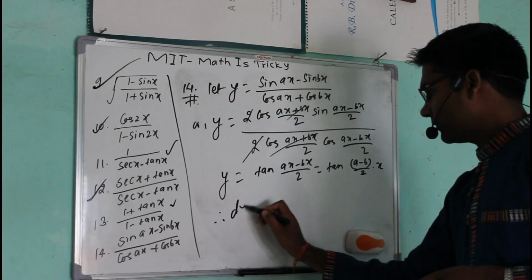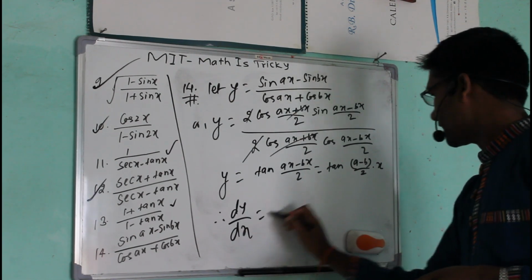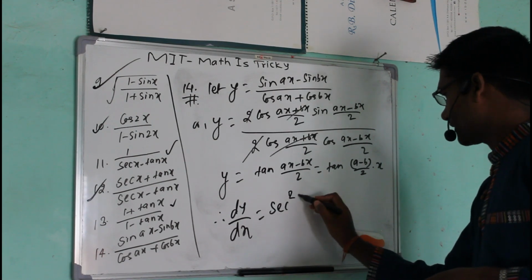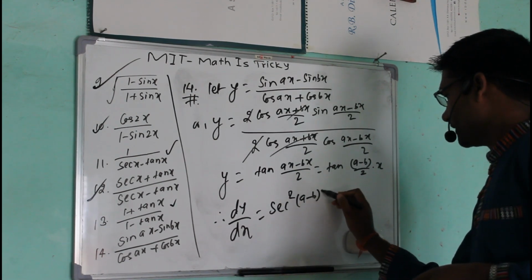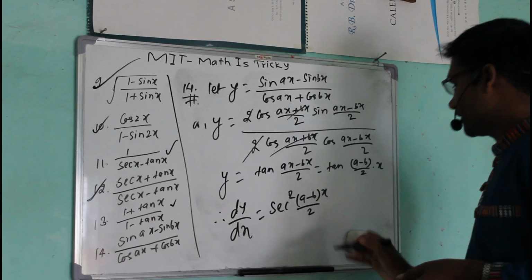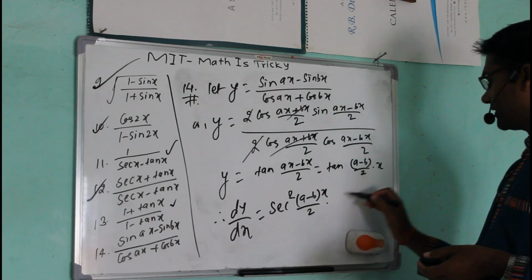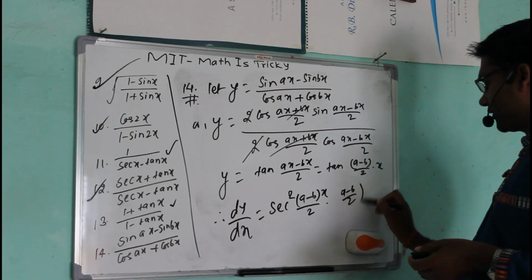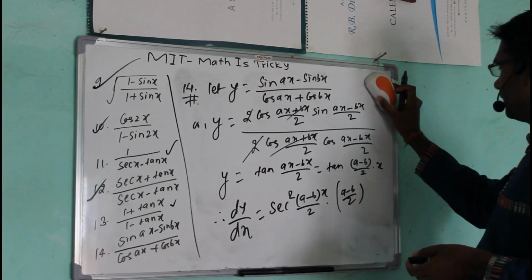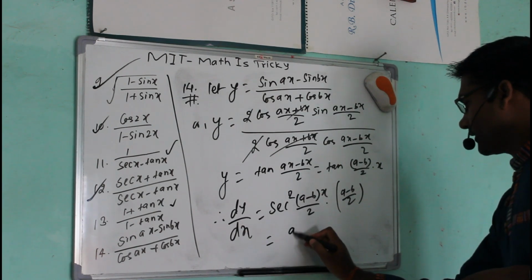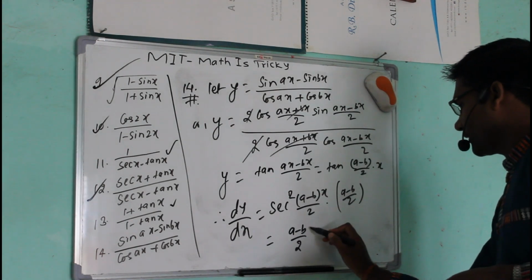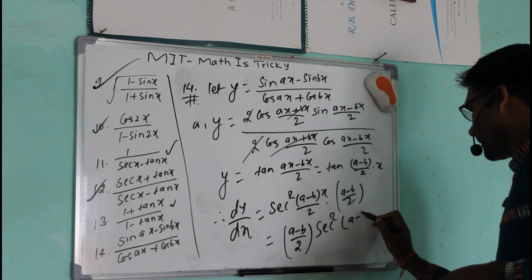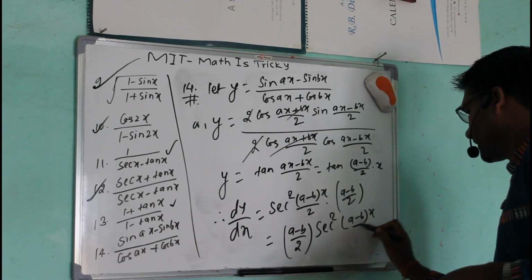Therefore dy by dx equals, very simple, derivative of tan x is sec square x, so sec square of (a minus b) by 2 times x, into, remember, the derivative of the angle, which is simply (a minus b) by 2. So your final answer will be (a minus b) by 2 times sec square of (a minus b) times x by 2.